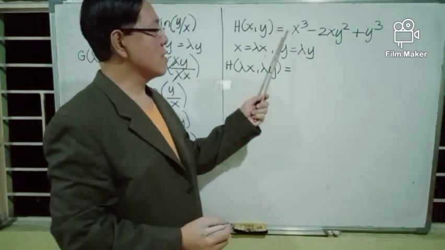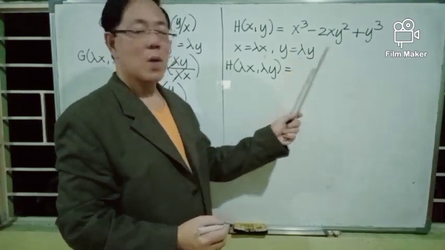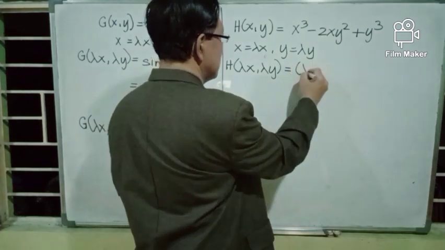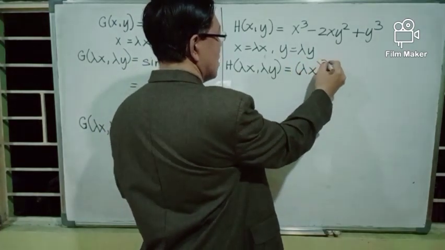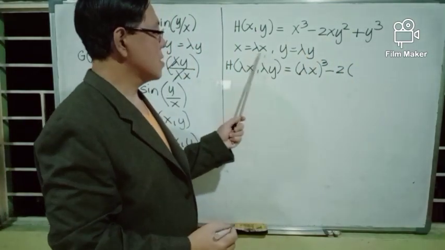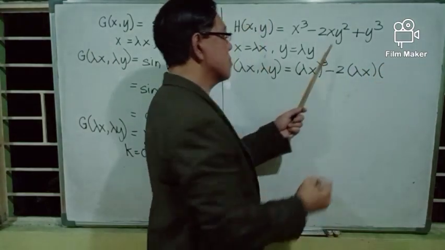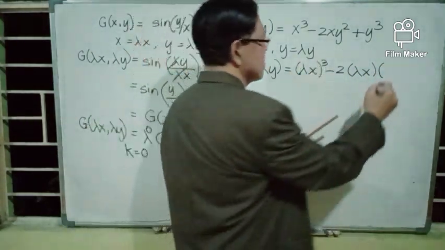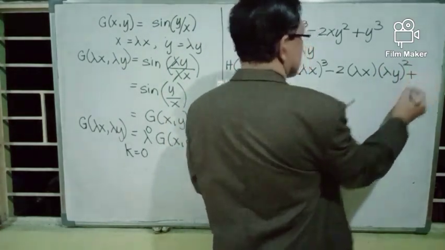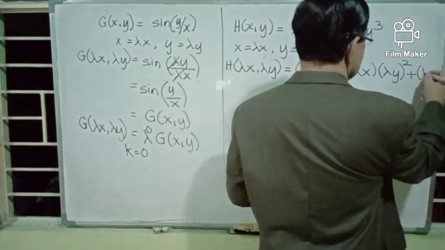At the right hand side, the first term is lambda x to the power 3, minus 2 multiplied by lambda x multiplied by lambda y to the power 2, plus lambda y to the power 3.